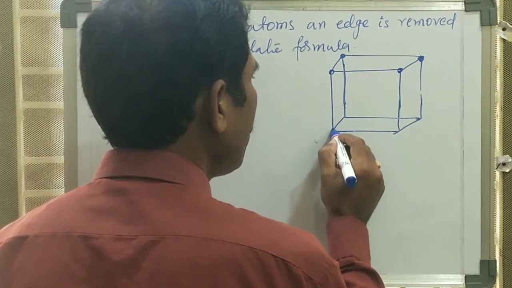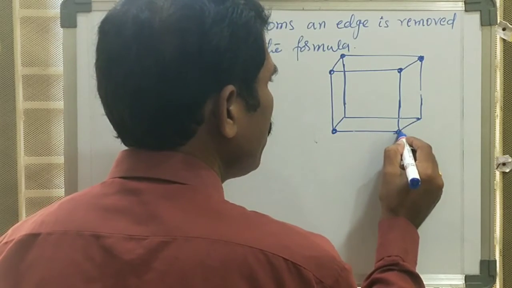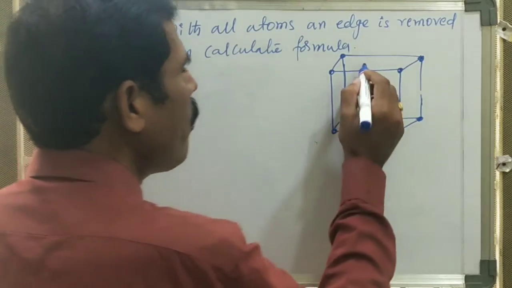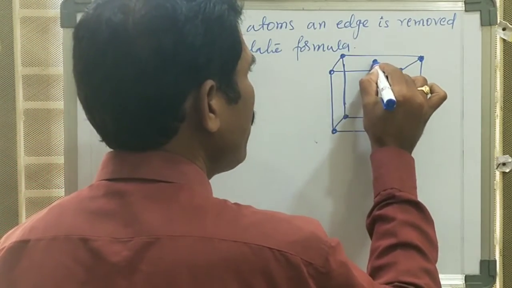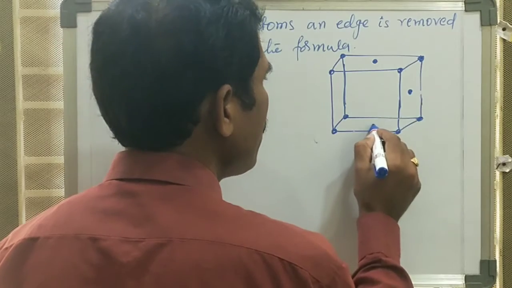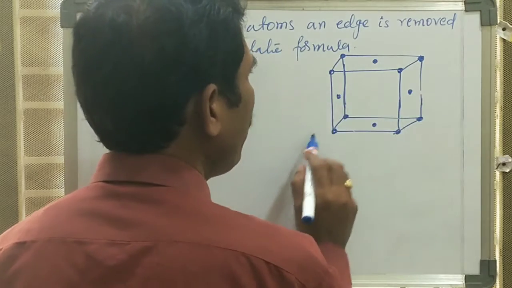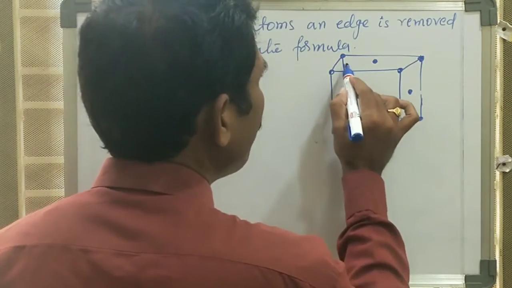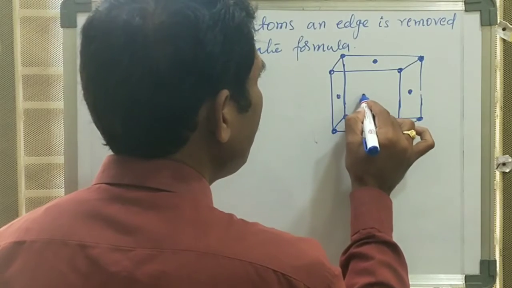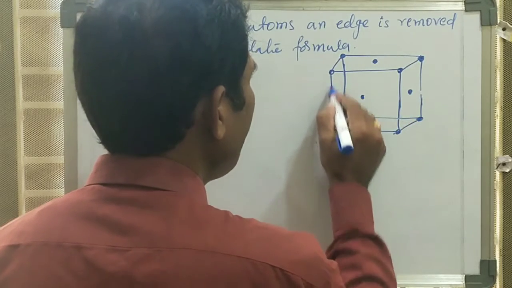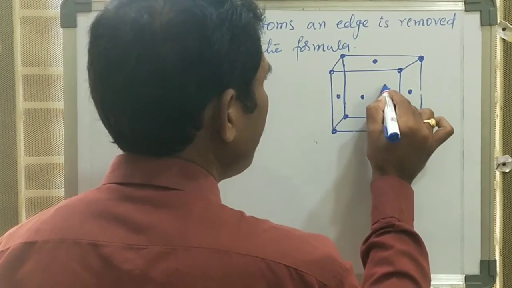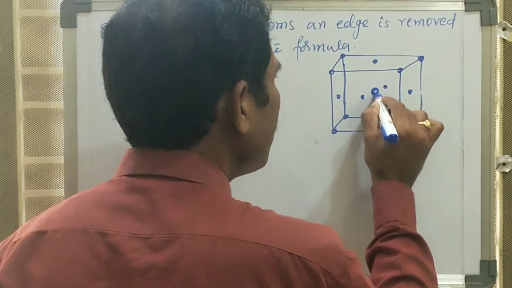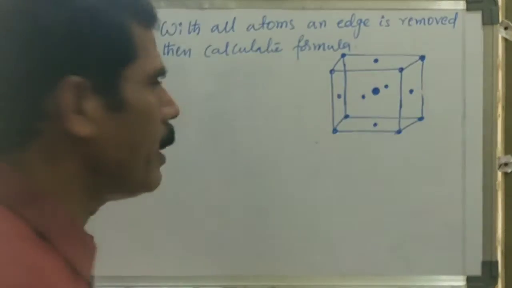Let us see the face centers: one face, second face, third face, fourth face. This is the front face, this is the back face. Now this is the body center.